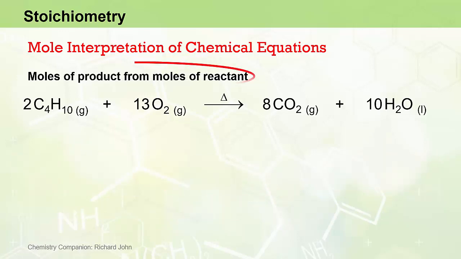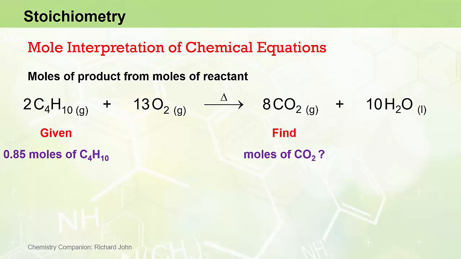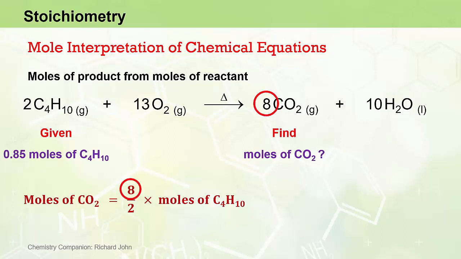And we'll start by looking at calculating the moles of product produced from a given moles of reactant. For example, if we were given 0.85 moles of butane as the starting amount of moles, we might be asked to find how many moles of carbon dioxide could be produced. The way we would do this calculation is to write a mathematical expression that moles of CO2 produced would be equal to 8 divided by 2 times the starting moles of butane. The 8 comes from the stoichiometric coefficient of carbon dioxide.